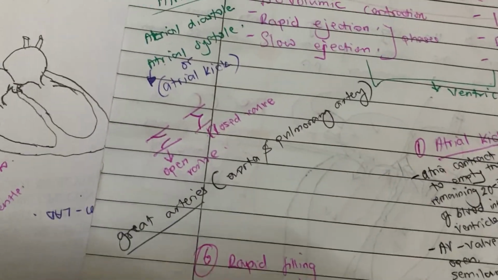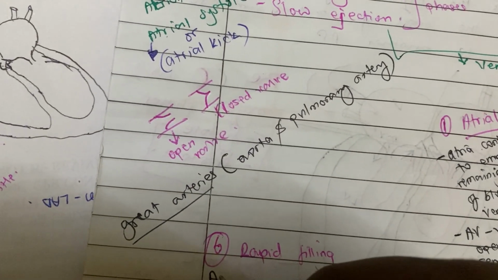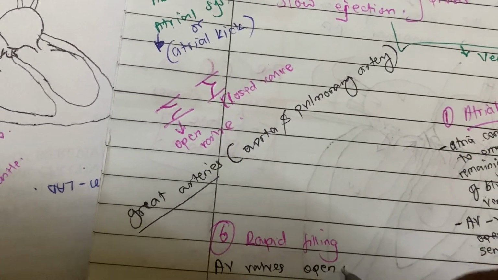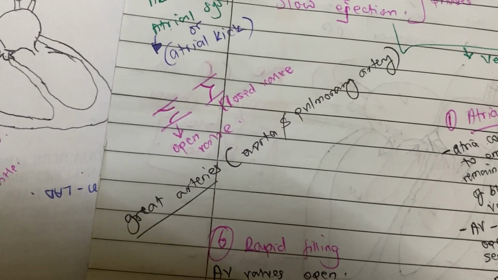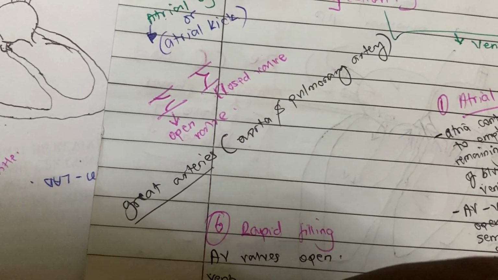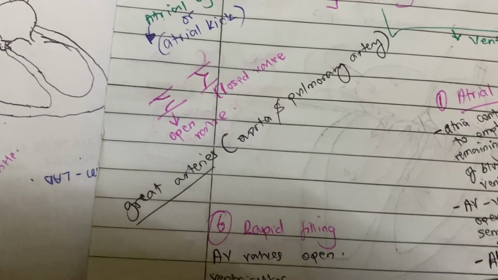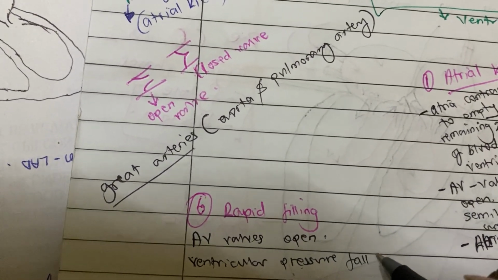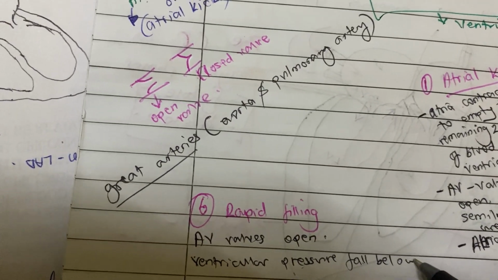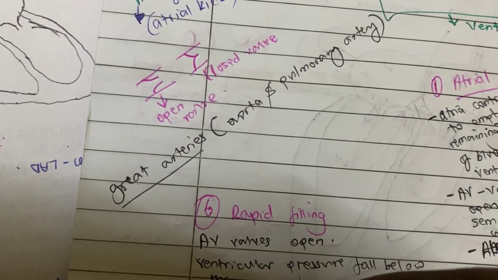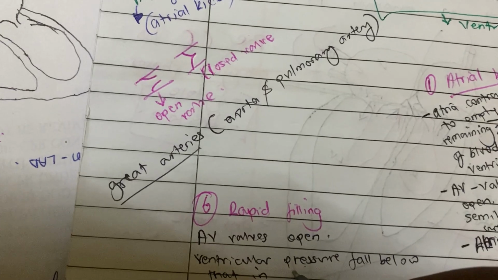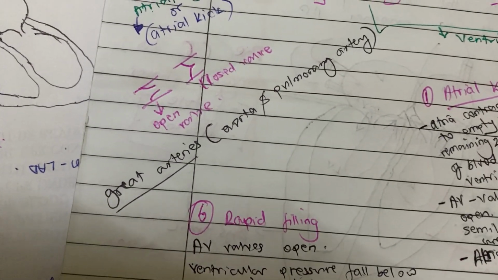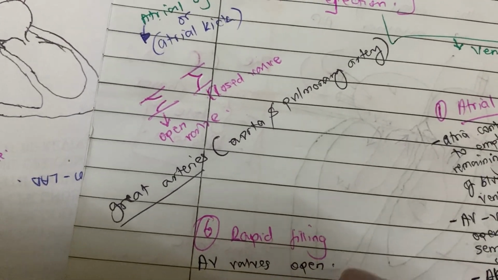In rapid feeding, we have AV valves open, ventricular pressure falls below that in the atria.